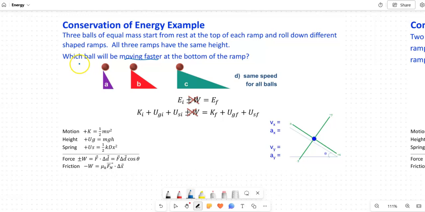We'll call this 1 meter up. And let's call all of these 1 kilogram. They're all 1 meter up, and their initial velocity is equal to 0. You're just holding them in place, and then you let them go. When they get to the bottom of the ramp, their velocities are going to be greater than 0.